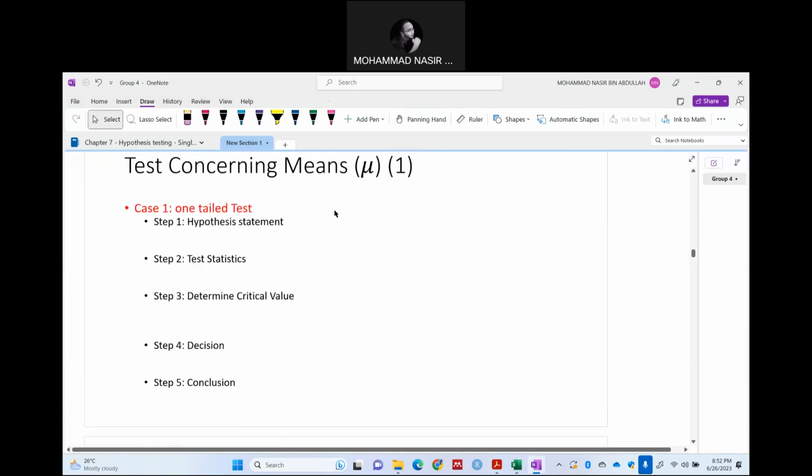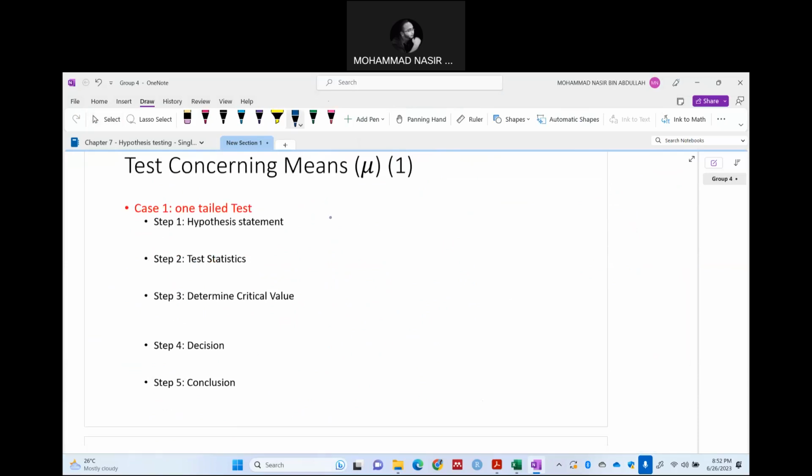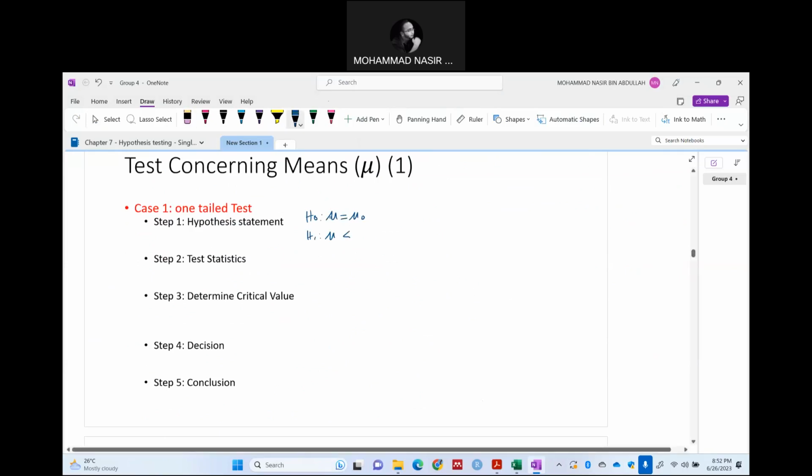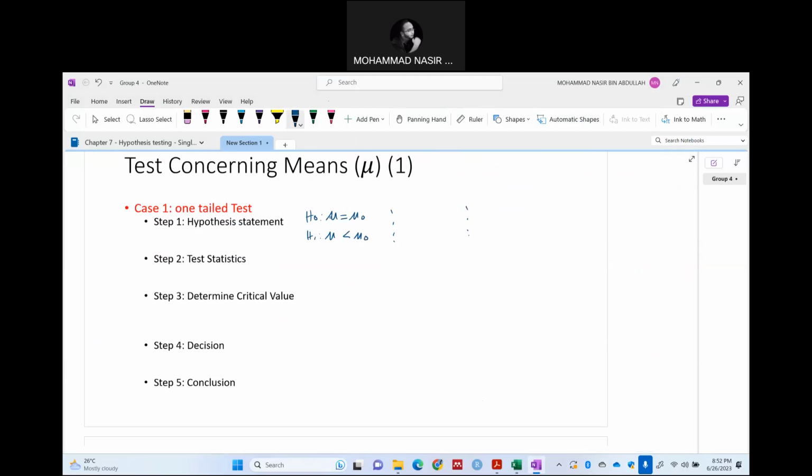I think I already explained this one just now, but let me re-explain. The first step, one tail test: null hypothesis, mu equal to mu naught; alternative hypothesis, mu less than mu naught. Or we have another one: null hypothesis mu equal to mu naught, alternative hypothesis mu more than mu naught.